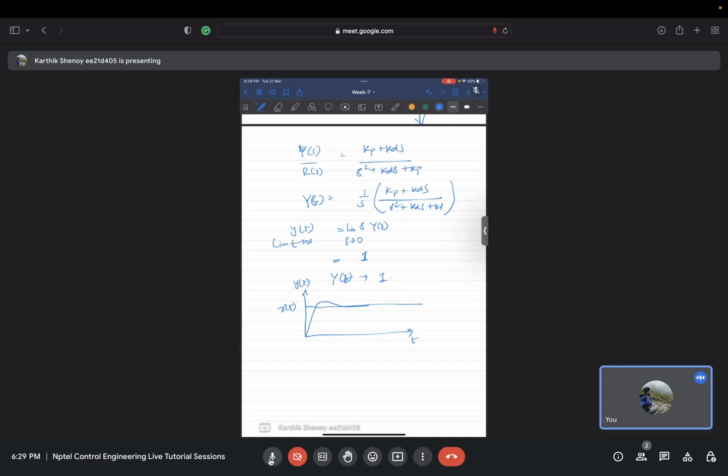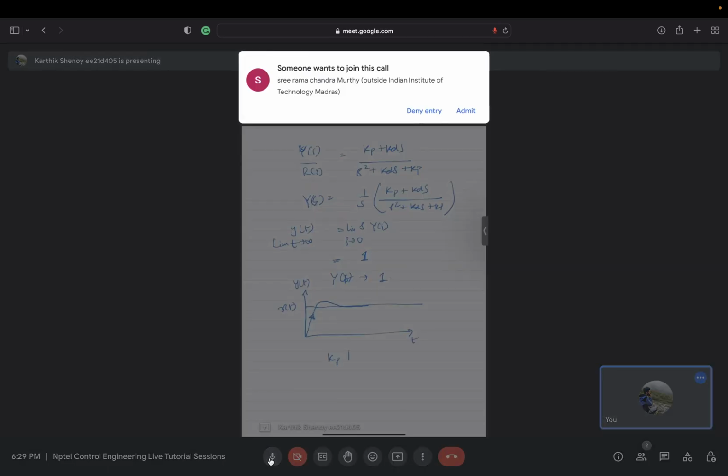Before that, it's a PD controller. So what all can I control? I can just control the speed of the response. I can't control how it behaves in steady state, because I don't need to here in this case.